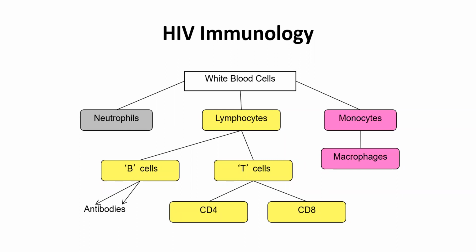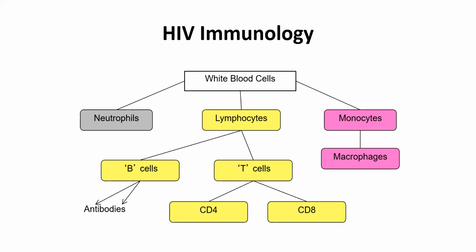Then we have white blood cells, which are responsible for the immune system in terms of protecting us against infections. We have several types of white blood cells. In this graph, we just saw an example of some of those cells.